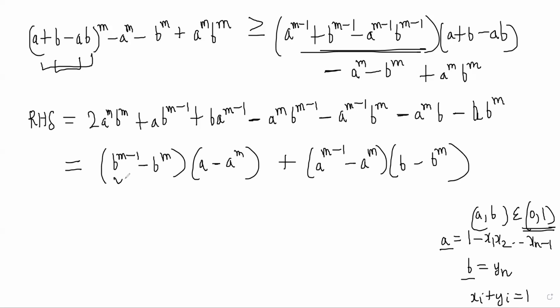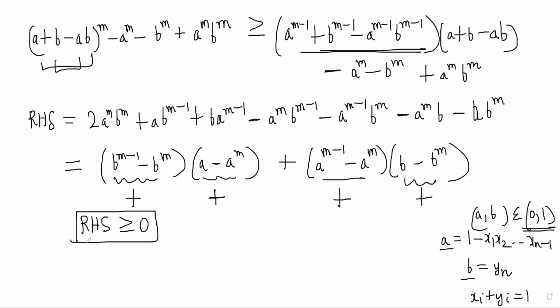So that means that this term b^(m-1) minus b^m is positive. This term is also positive. This term is positive and this term is also positive. So the RHS is coming greater than or equal to 0. So if the RHS is greater than or equal to 0, we know that this whole term is greater than or equal to 0.